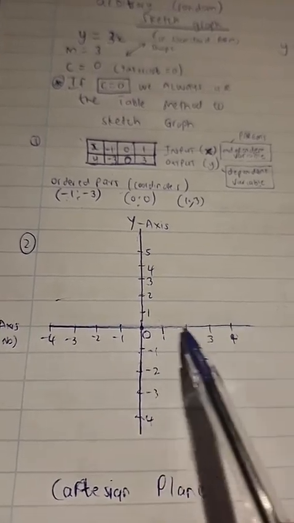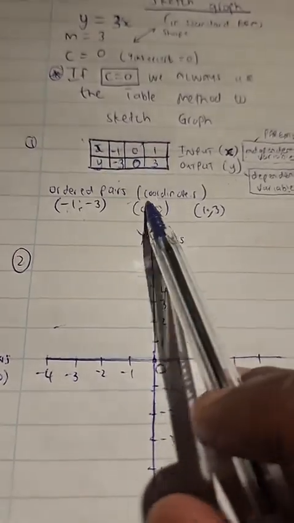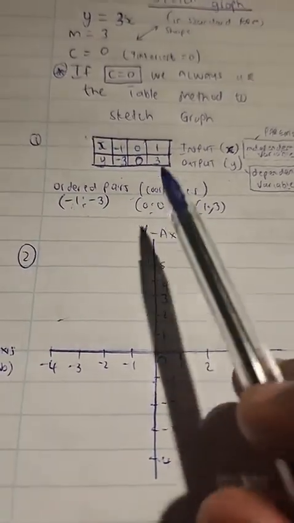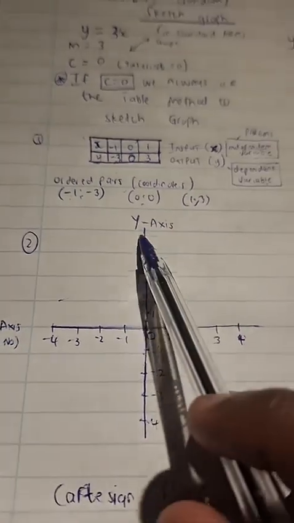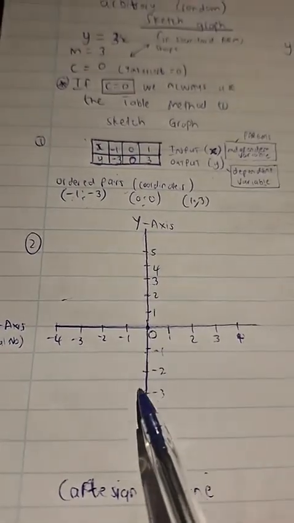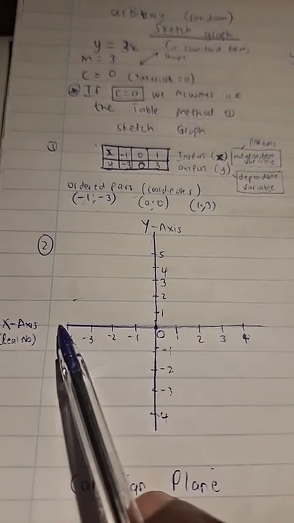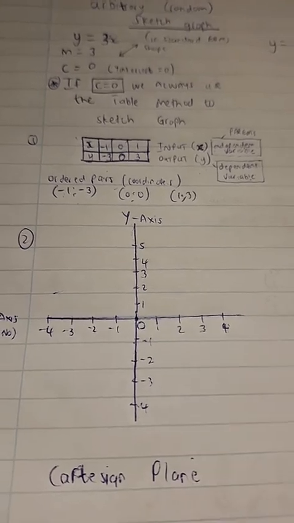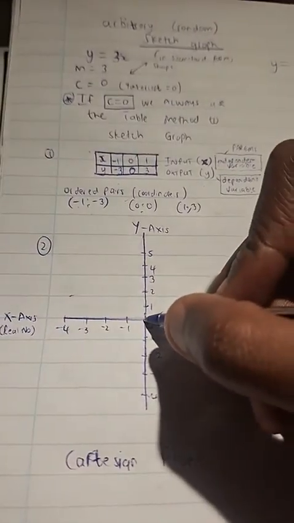Guys, the point itself is where these two meet. If the y-axis represents x is equal to 0 and the x-axis represents y is equal to 0, where do they meet? They meet there at the center, guys.